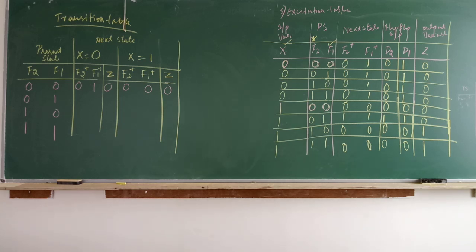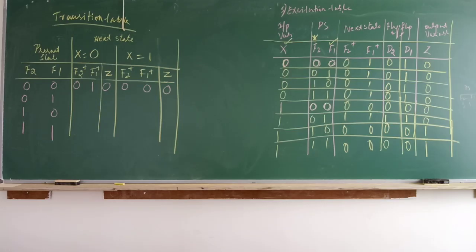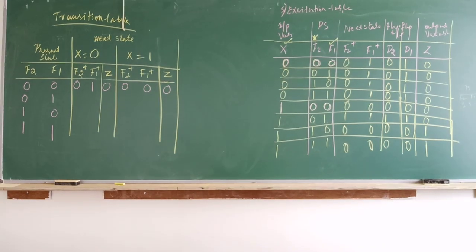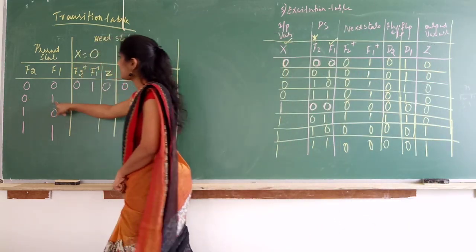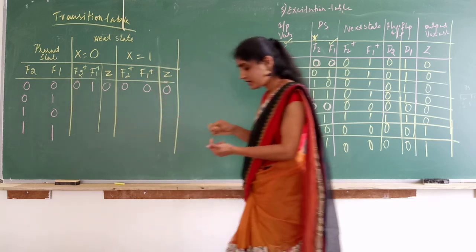Hope it is clear. You can see the table I have written on the board. Okay. So now, what is the second row? If the present state is 0,1, what happens when X is 0 and X is 1?